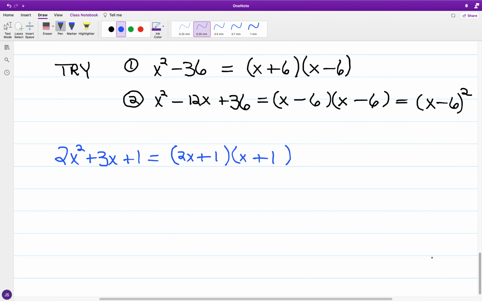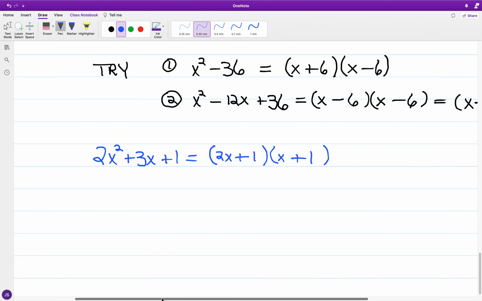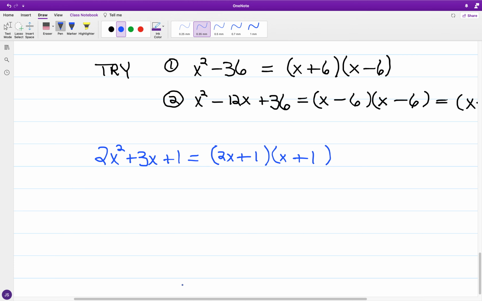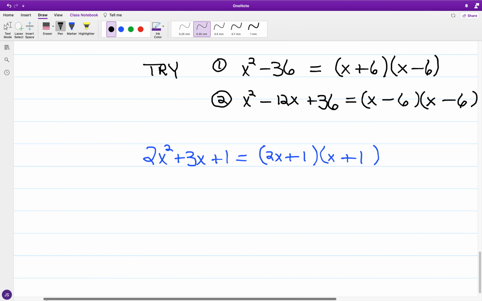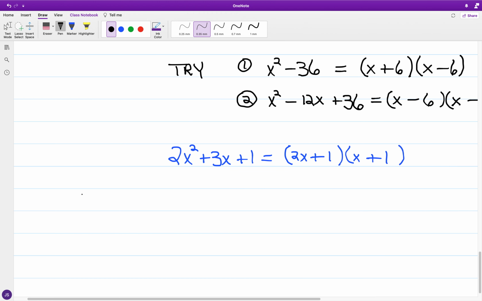But not all trinomials that have leading terms other than x squared will be quite as intuitive. And this is going to lead up to the next topic, which is factoring by grouping.